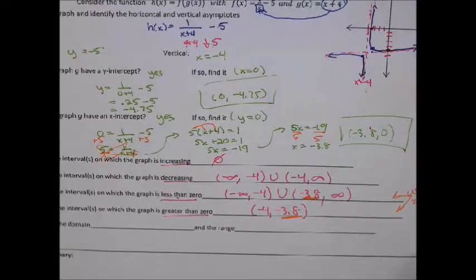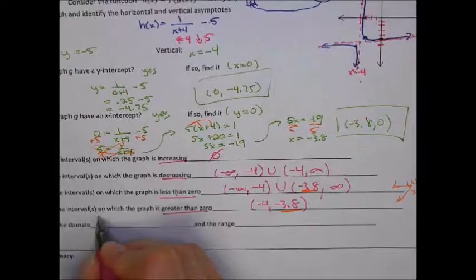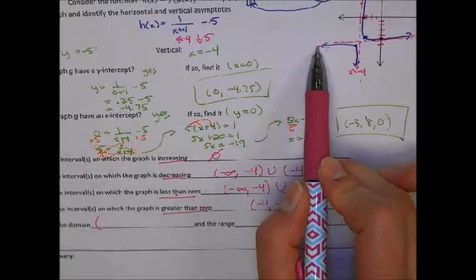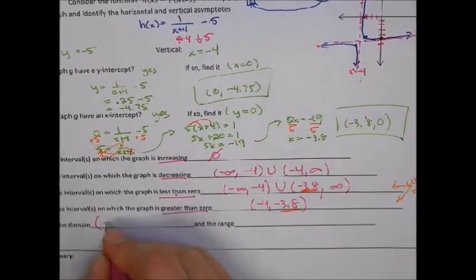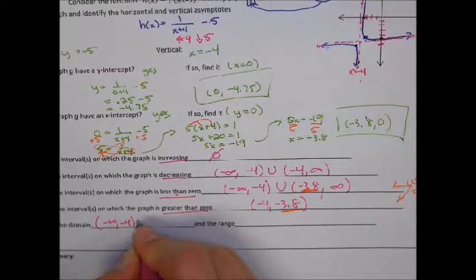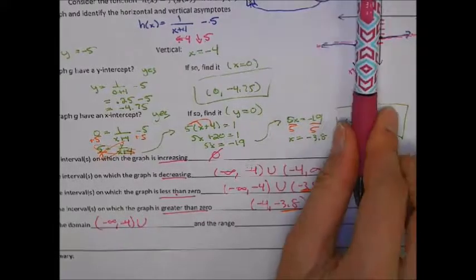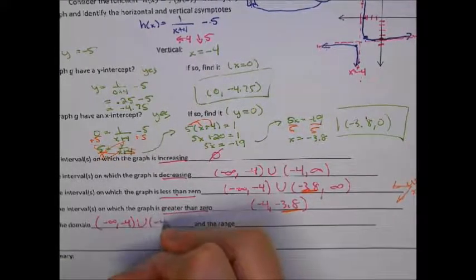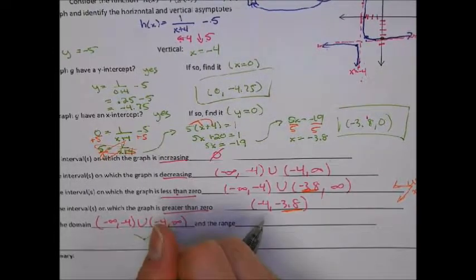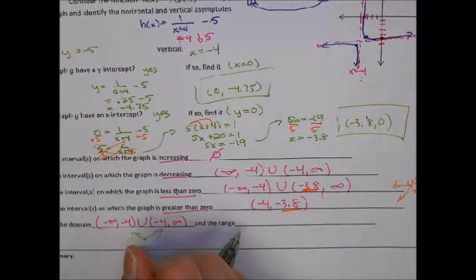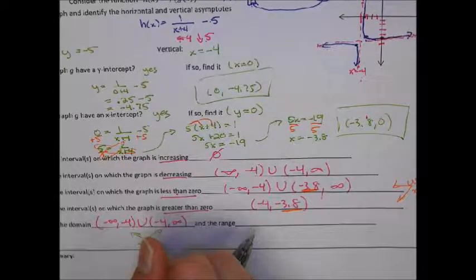Our domain, negative infinity. We're looking left to right, negative infinity. We stop at negative 4. We pick back up at negative 4 and go to positive infinity. This number right here, notice this is my vertical asymptote.